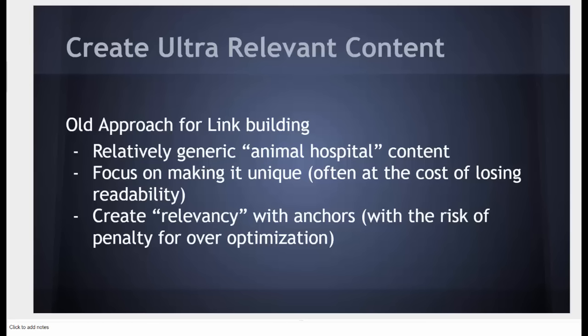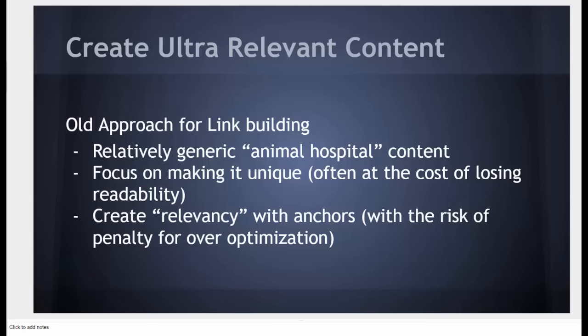We have generic animal hospital content, and we use anchors to try to tell Google what the page we are creating links for should be ranked for. Let's say animal hospital Richmond Hill.